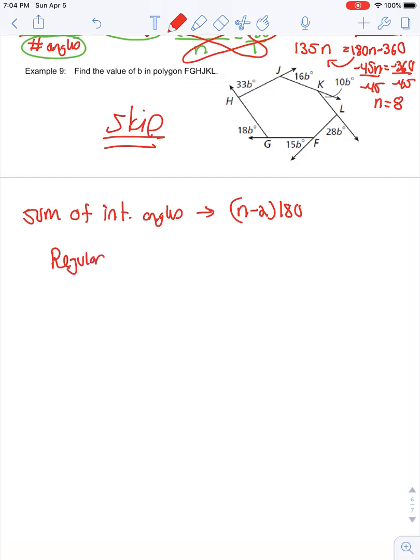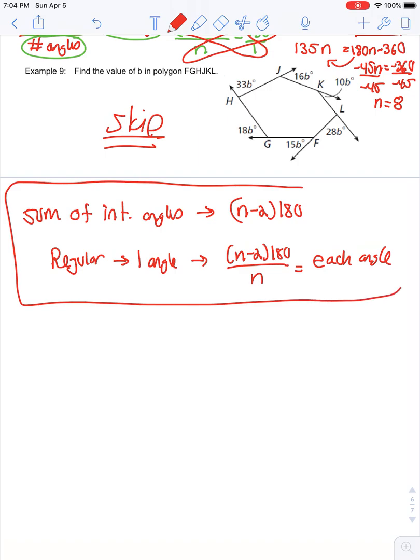We know that if it is a regular polygon and we want to know the measure of one angle in that regular polygon, we can take the sum of the angles, divide by the number of angles, and that will give us the measure of each angle. So this is what we have to use when we are dealing with interior angles.